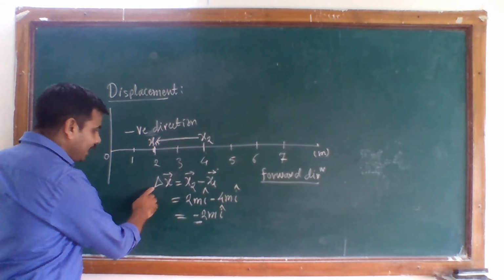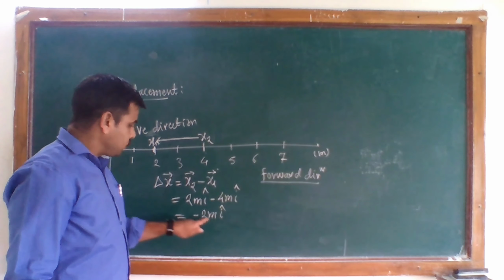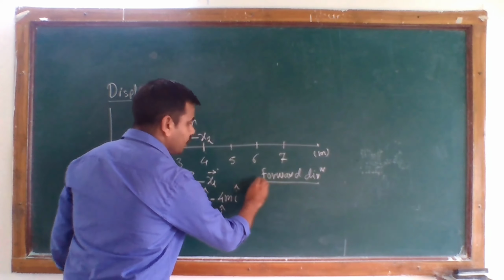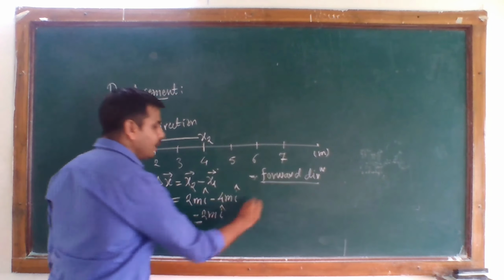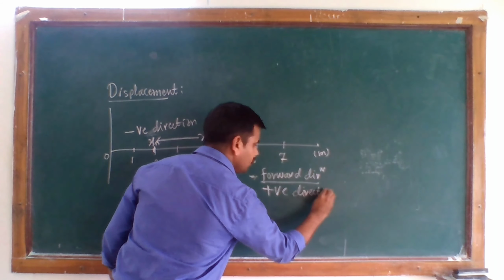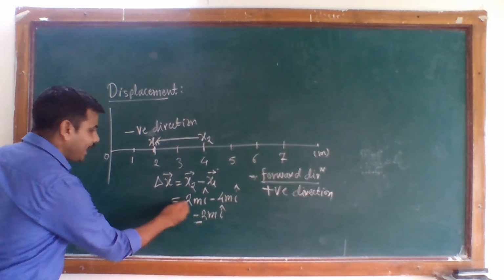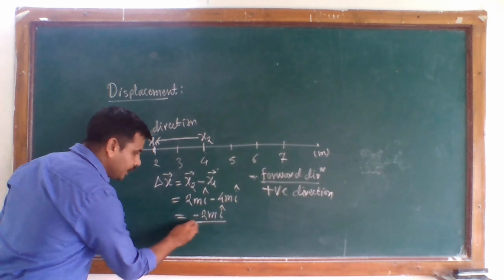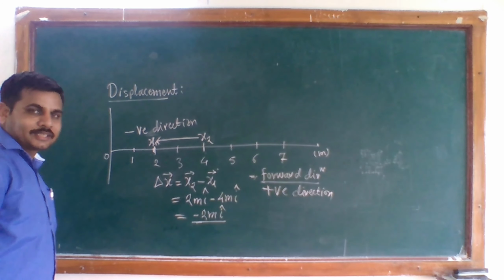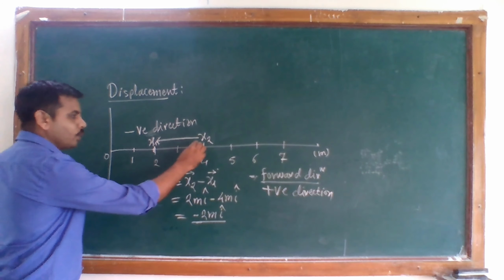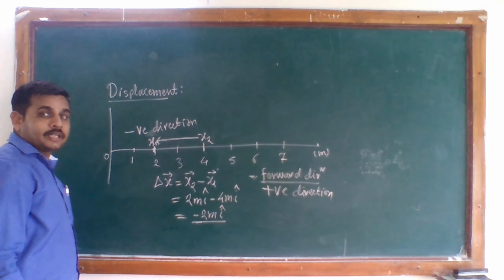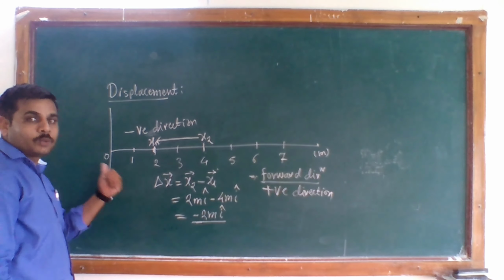You get delta x equal to plus 2 meter i cap. This positive value says that your car is moving in a forward or positive direction. And here your delta x gives us the negative value, minus 2 meter i cap.